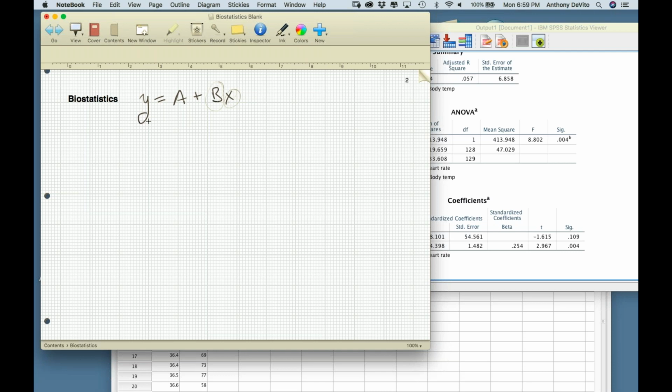In this case, y is the heart rate, is equal to a, which is a constant, the y-intercept, plus b, the slope. Yes, could also be a negative, times the body temperature.